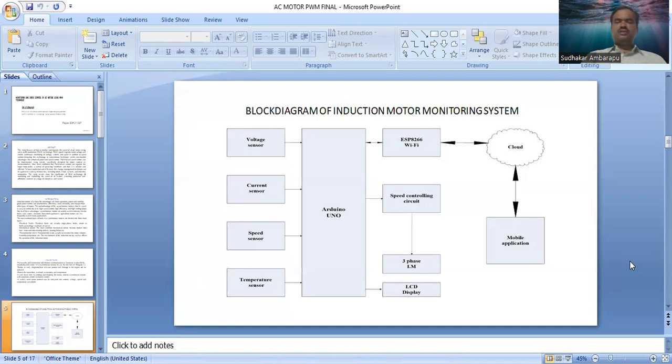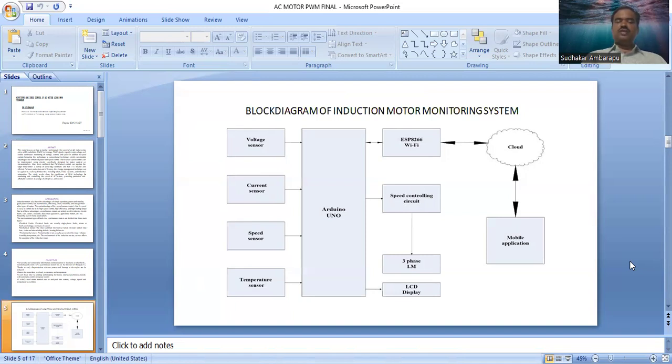Here there will be an interface to Arduino Uno. This Arduino Uno will be continuously accessing the data from the sensors, and it will be updating the data to the cloud. And this data can be accessed remotely by a mobile or any computer by an app. So we can continuously monitor the status of the induction motor.